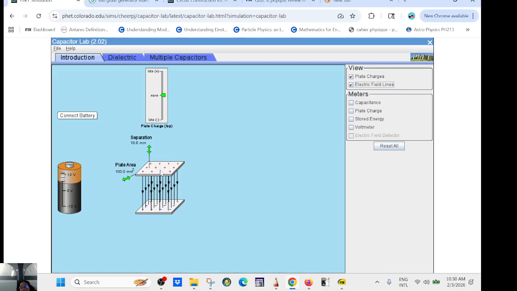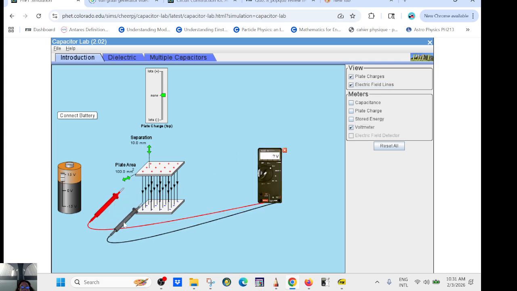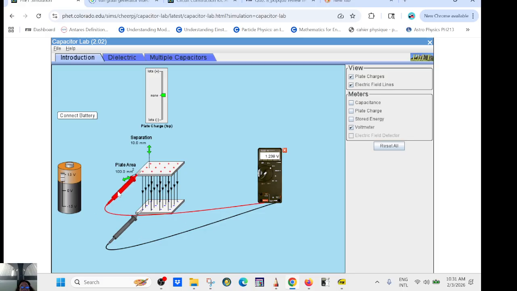So this is high potential, this is low potential. So if I take a voltmeter, see, this is my ground, this is higher potential, and it's going to be whatever I started with, about 1.3 volt. So the voltage here is higher by 1.3 volt relative to the ground, which means if you take 1 coulomb of charge and bring it there, it will take 1.3 joule.